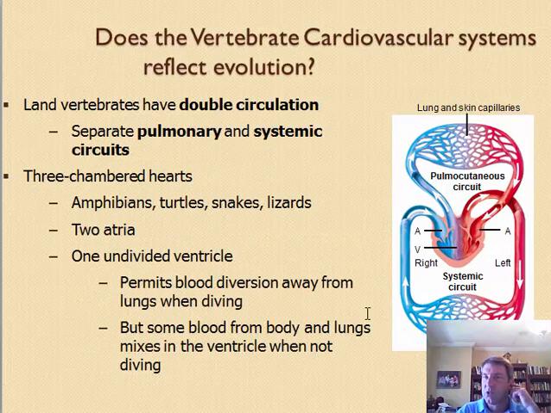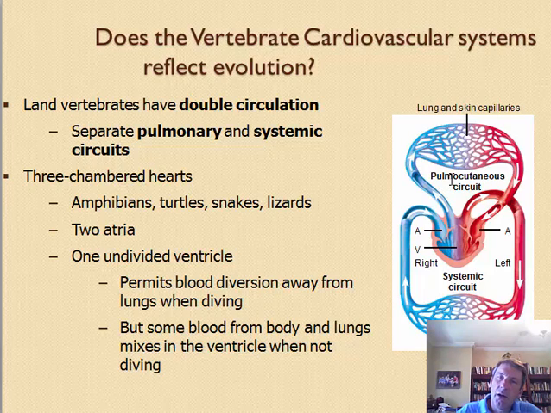So here we have a merging of the ventricles right here. And so we have a merging of that oxygenated and non-oxygenated blood. But when it's pumped out, only the oxygenated blood again goes to the systemic cells, and then only the non-oxygenated blood goes to the lungs.